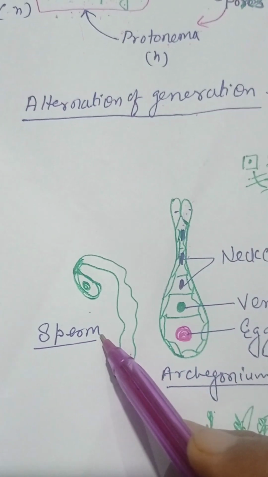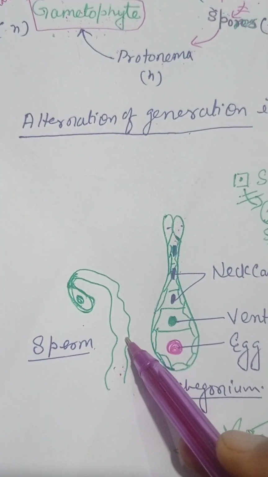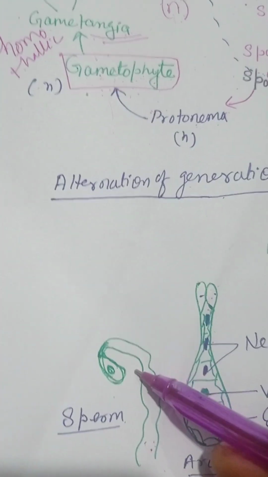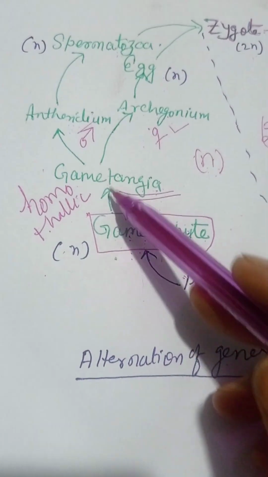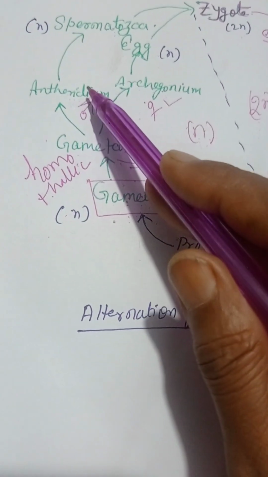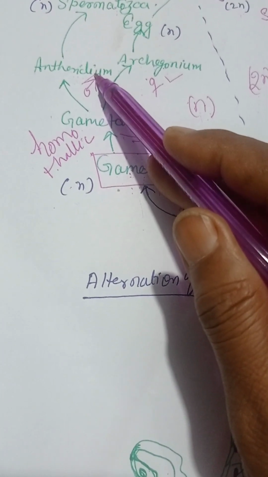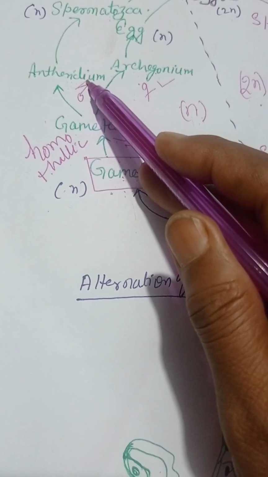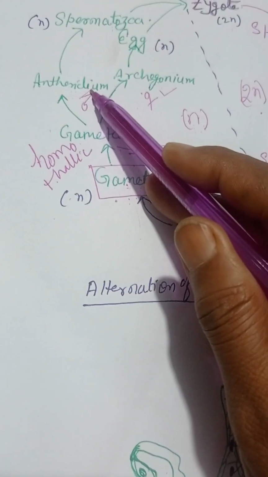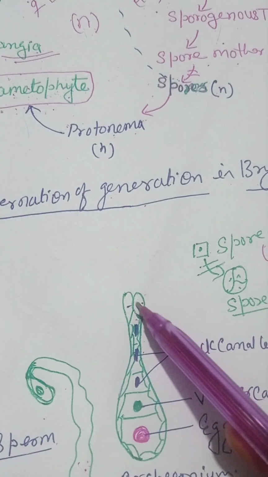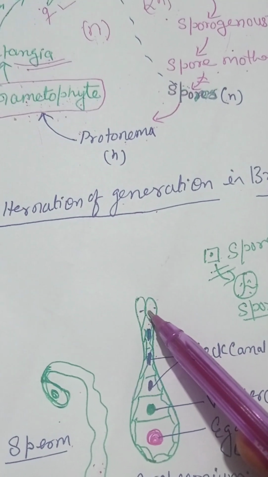This is the sperm or spermatozoa, and they are produced in a mucilaginous mass in the structure called the Antheridium. At the mouth of the Antheridium, when they are released in the mucilaginous mass, they are washed out along with the raindrops or the water, and they reach the opening of the Archegonium.